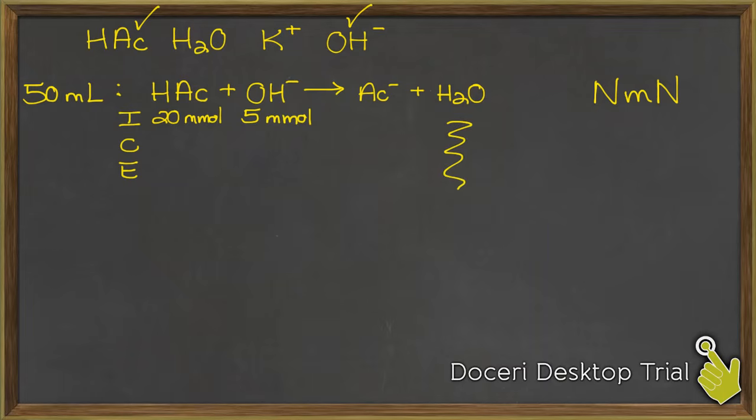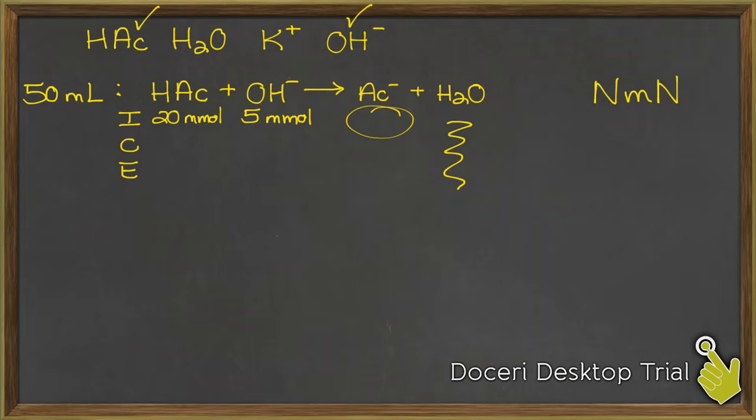Okay, we never care about water. Water is the social pariah of the acid-base titration world. Now you might be wondering, am I going to put anything in that position? And here's how you can know, ladies and gentlemen. Look up at our list of major species. Is AC minus, the acetate ion, in the list?